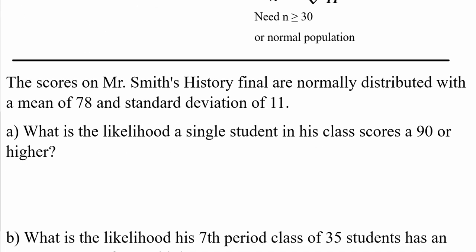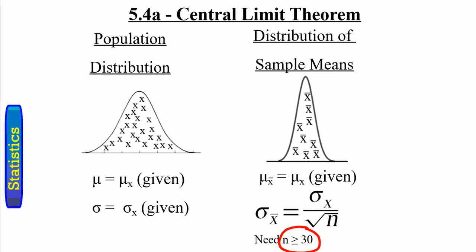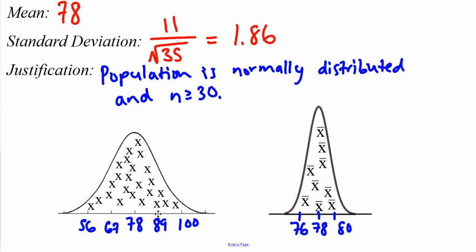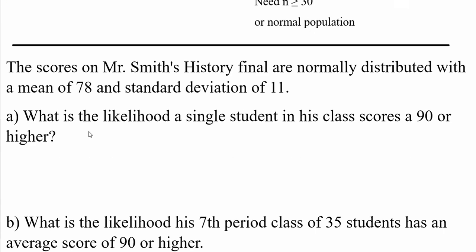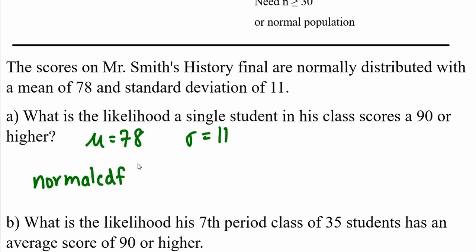So for a typical student, you can see 78 and then 90. So 90 would be like somewhere here. So not impossible, can happen. There's going to be a decent amount of students that might do that. So I would use normal CDF for this. My mean is 78, my standard deviation is 11, and then I use normal CDF.